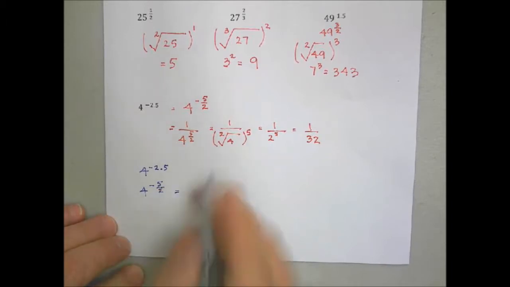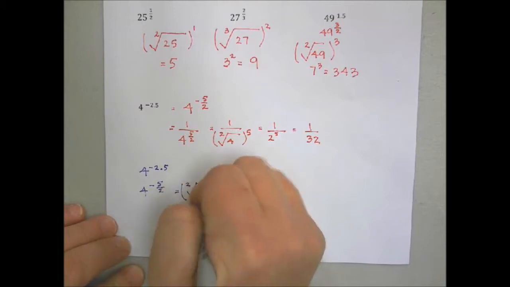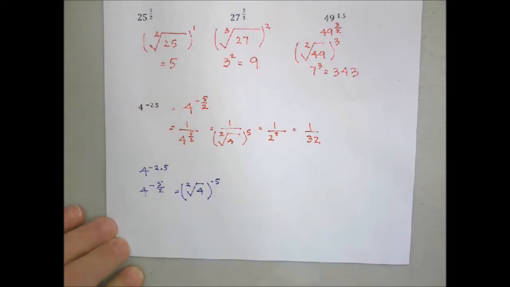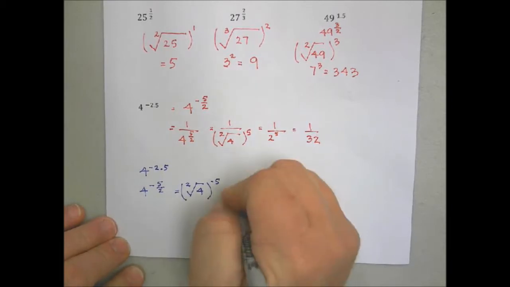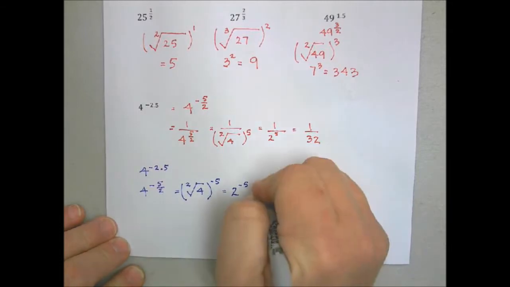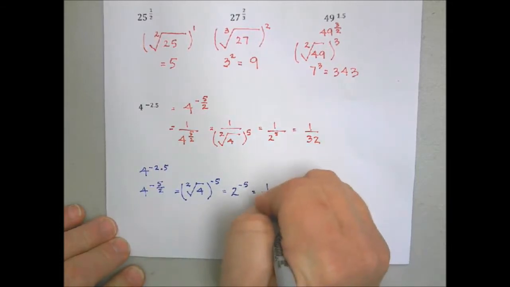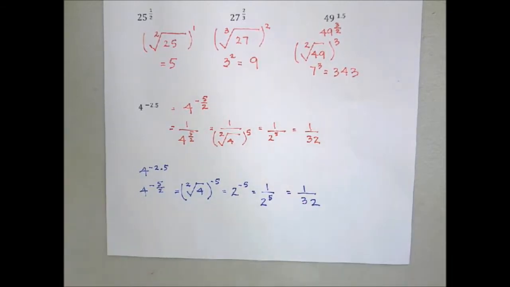This is the square root of 4 raised to the negative 5 power. The denominator of the fraction became the index of the radical. So I took the square root of 4 and I raised it to the negative 5. Now we know the square root of 4 is 2. 2 to the negative 5 is the same thing as 1 over 2 to the 5th, and I still end up getting the same answer of 1 over 32.